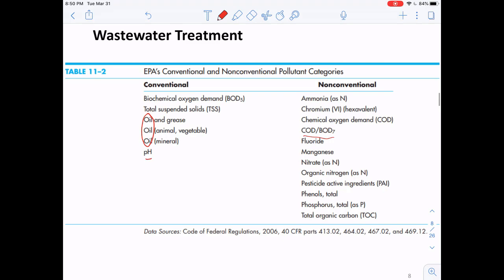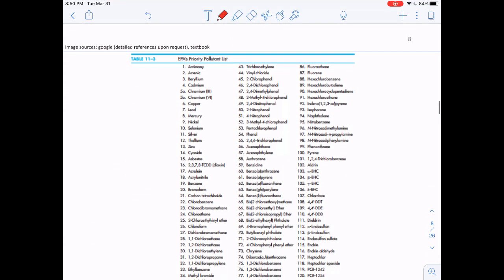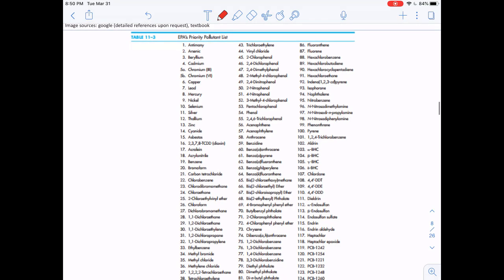Okay, so you may say that the EPA is putting quite stringent standards on water quality. But look at this table here. This table lists the EPA's priority pollutant list. These are all the pollutants that the EPA is interested in, and this is a priority list.